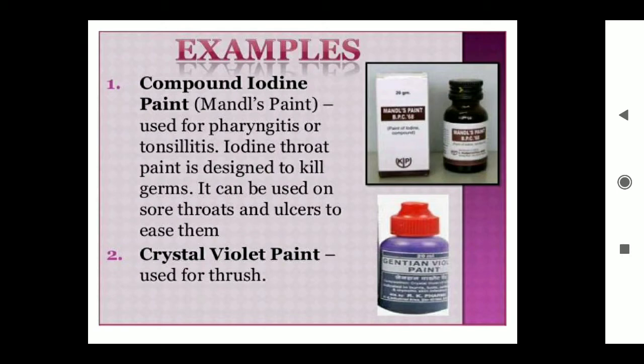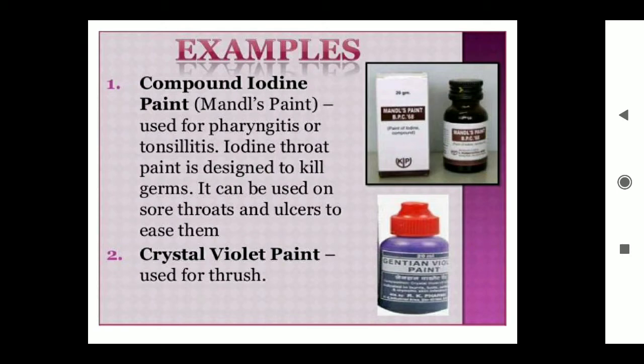It is used for treatment of inflammation in pharyngitis and also for inflammation of the tonsils. Iodine throat paint is designed to kill germs. It is also used for treatment of sore throat and ulcers in the throat and mouth.